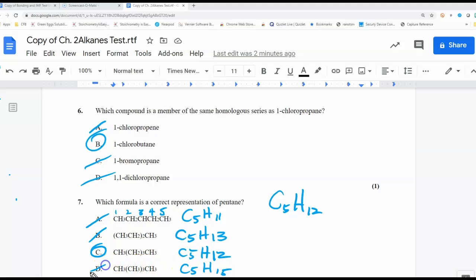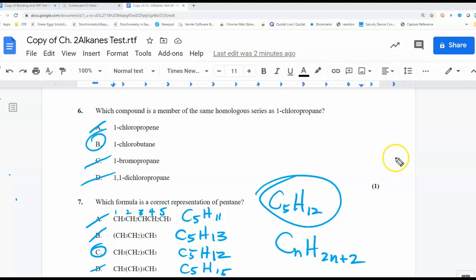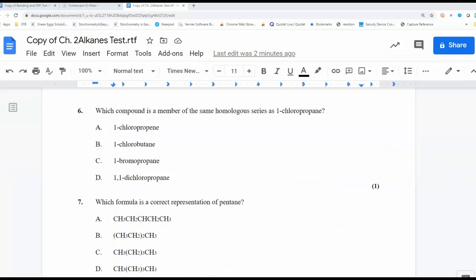So that's also not working. So our correct answer would be pentane. Now you might be wondering, how did I know this? I followed the format of CnH2n+2 for an alkane. Remember, for an alkene, that's CnH2n.